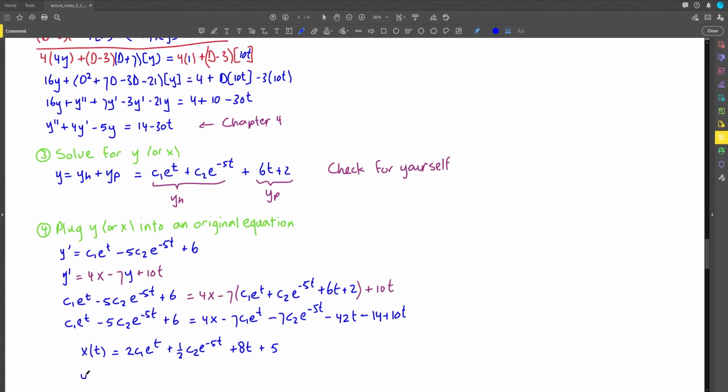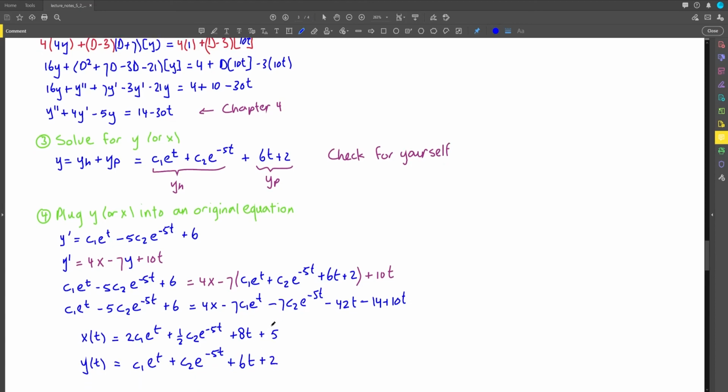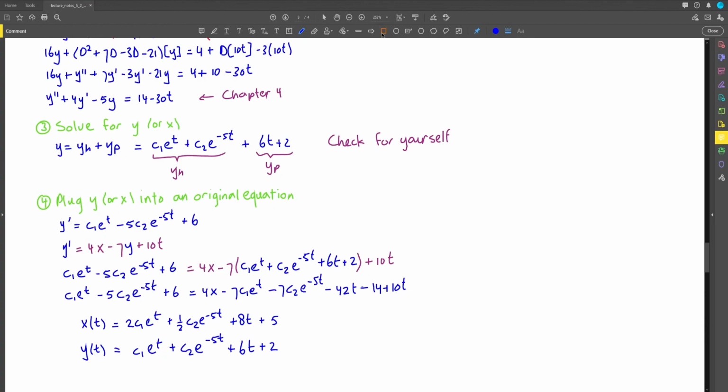And then y of t, we found to be c1 e to the power t plus c2 e to the power negative 5t, and then plus 6t plus 2. And that is our final solution.